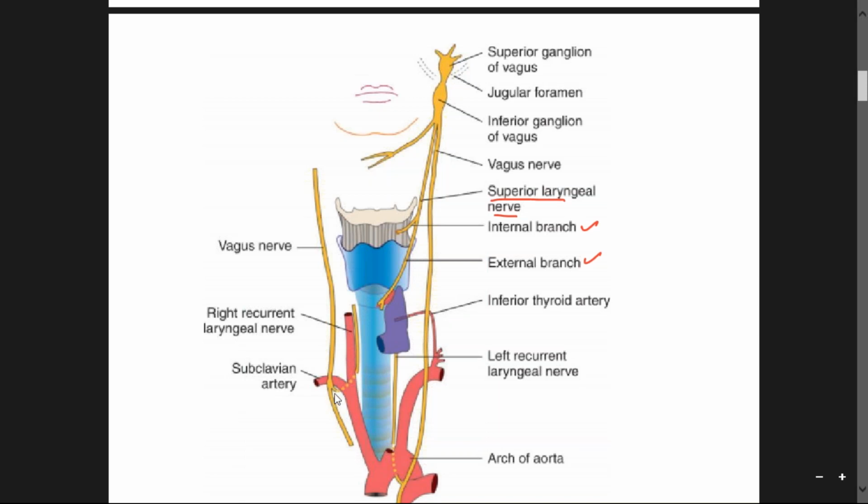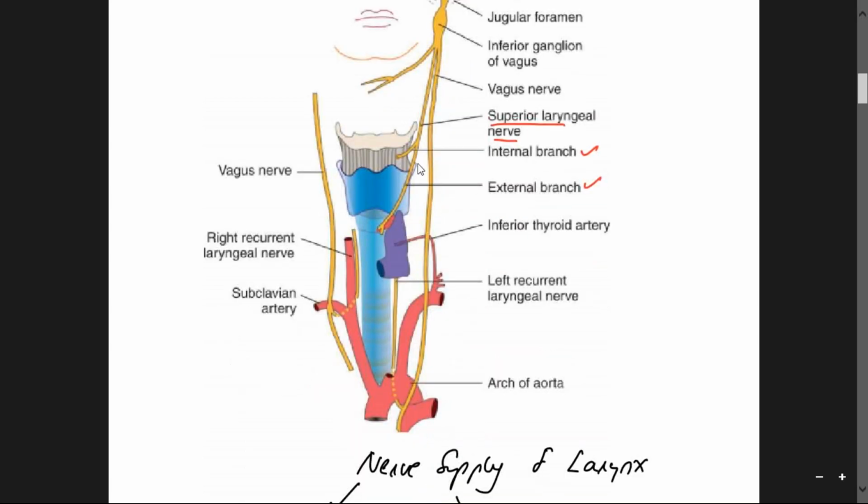Here in the right side, the recurrent laryngeal nerve loops around the subclavian artery, whereas on the left it loops around the arch of aorta. So the left recurrent laryngeal nerve has a longer course, so it's more prone to injury.